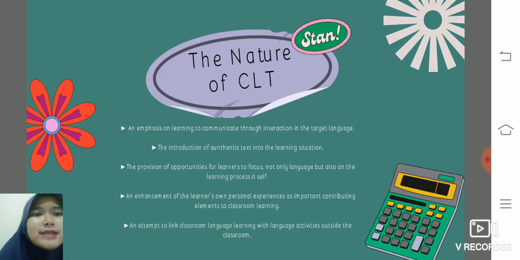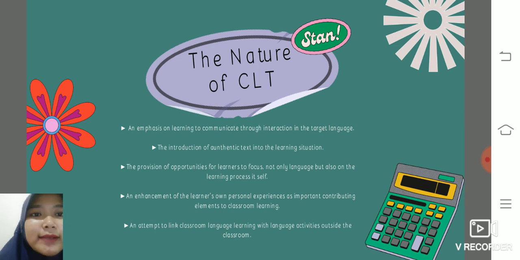And next, the nature of CLT. CLT is based on learning to communicate through interaction in the target language. The introduction of authentic text into the learning situation. The provision of opportunities for learners to focus not only on language but also on the learning process itself.